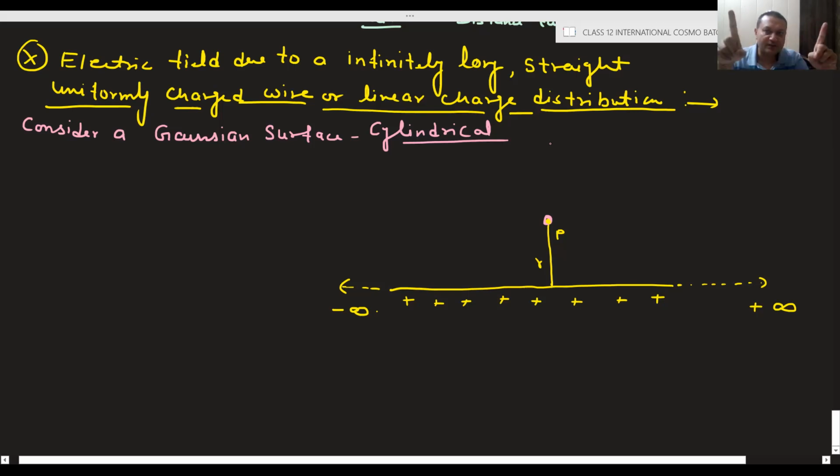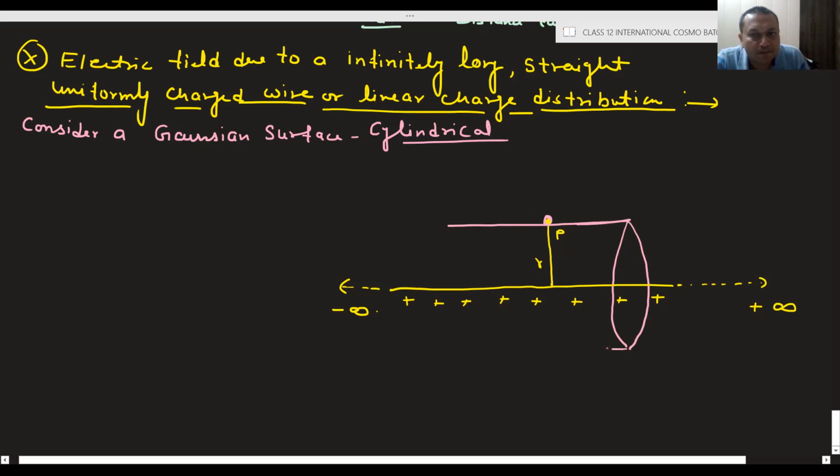Means the length of the cylinder is L. Suppose this is the Gaussian surface and I am considering it like this. The length of this cylinder is L.